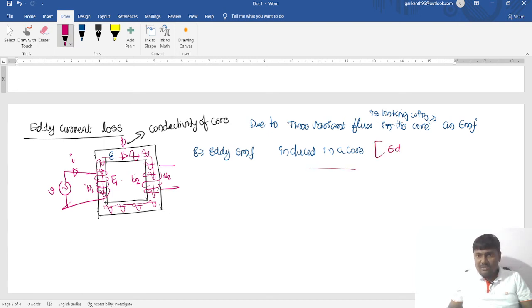This EMF is called eddy EMF. Since the core is a closed circuit and the core has some resistance, the eddy current losses, I square R, will be produced.